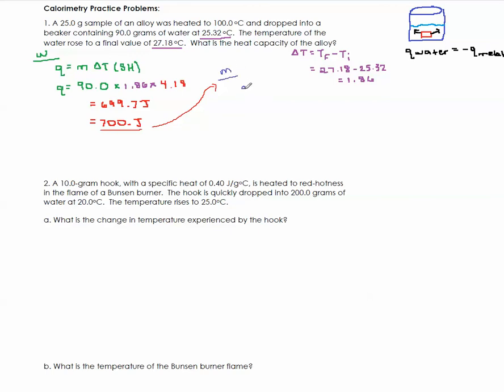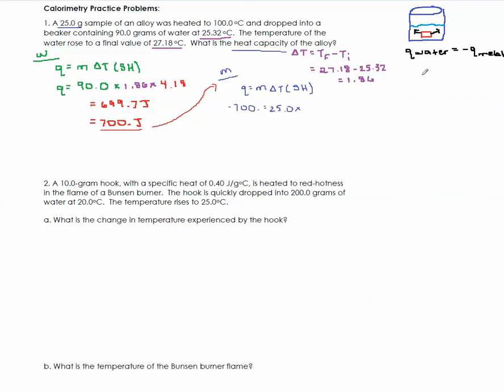I've got the same formula, Q equals m delta T times your specific heat. And if you read the problem, what you're trying to solve for is your specific heat. So I know the Q is going to be negative 700, because I got that from the water problem. The mass of the alloy, of the metal, is 25.0 grams.